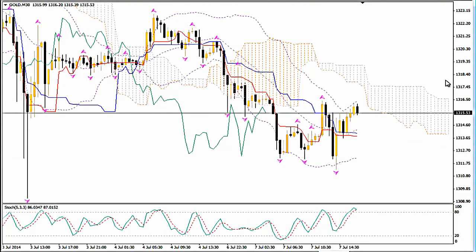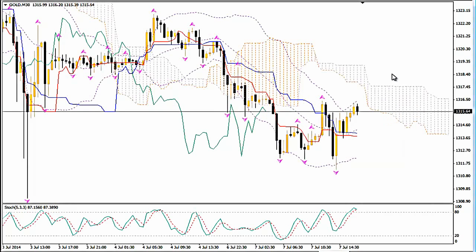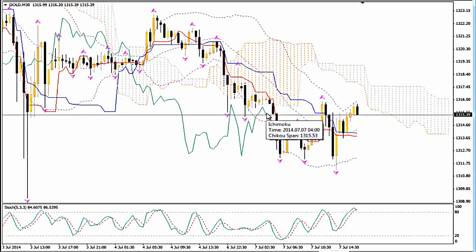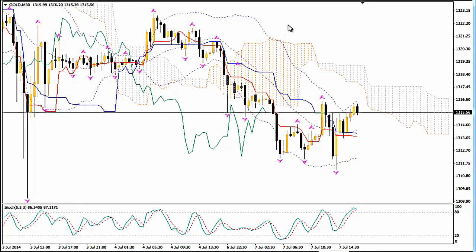M30, we want to see a bullish Kumo breakout here, validated by Chikou-span. It hasn't happened yet, so we want it to happen. You must wait patiently. This will happen at the price level up here of 1321. Remember, we want Chikou-span to be above price action and also above the Kumo.